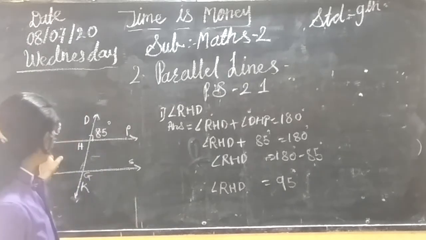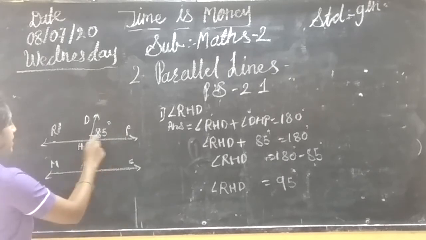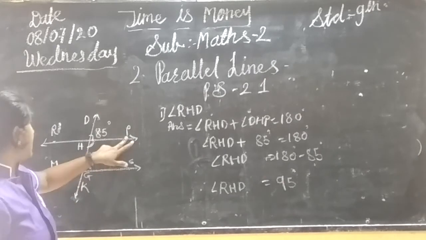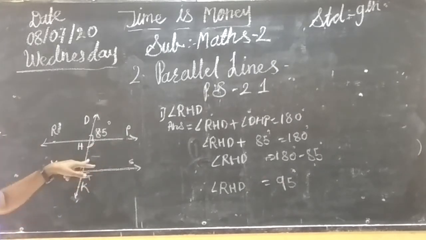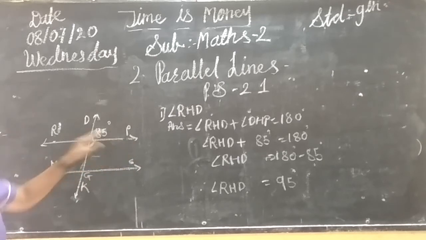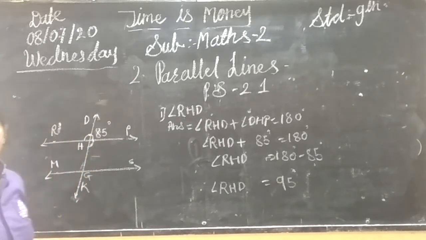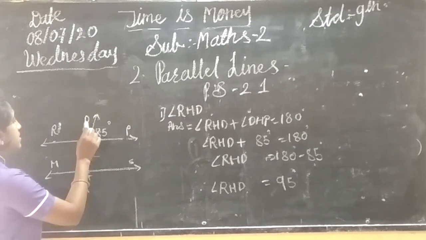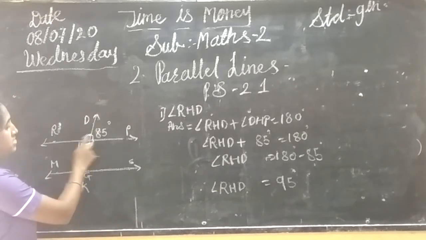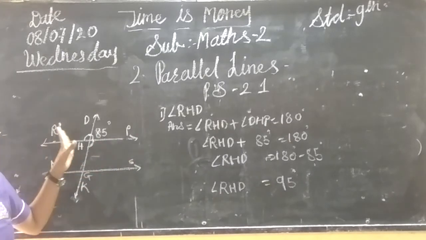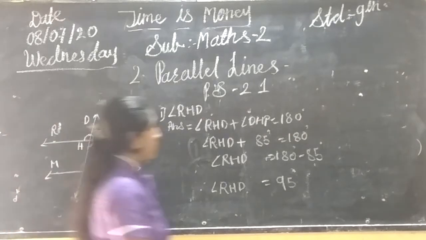Next question, angle PHG. See, now we can see the DHP and PHG are linear pairs. Also, this angle RHD and this angle are opposite angles, vertically opposite angles. So the measurement of RHD is the same as PHG because they are opposite angles.